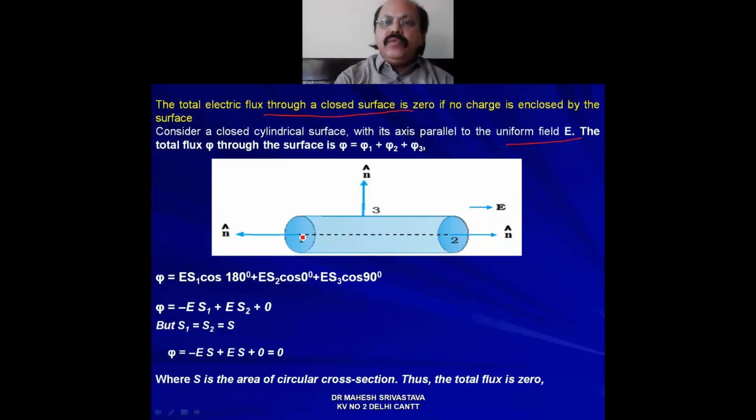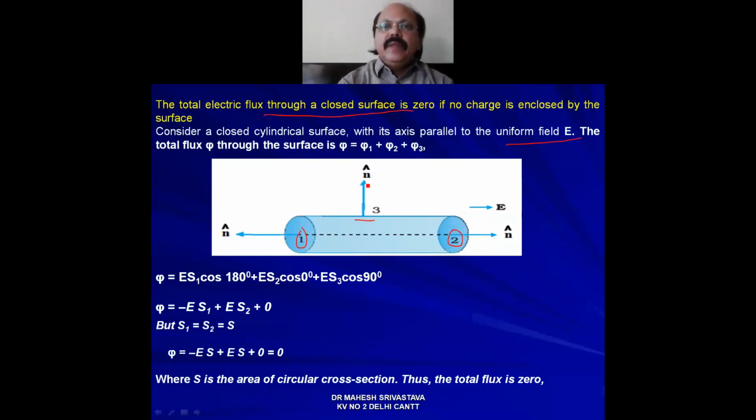So on flat surface 1, the direction of the area vector is opposite to the direction of the electric field. On flat surface 2, the direction of the area vector is in the direction of the electric field, and on the curved surface it is perpendicular to the direction of the electric field.